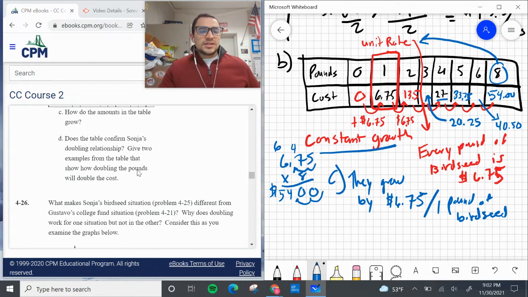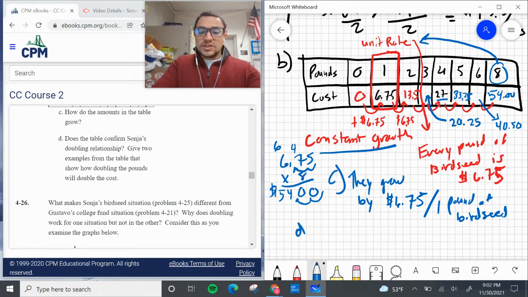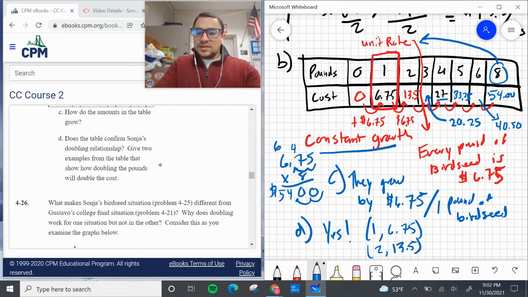And then for D, does the table confirm Sonia's doubling relationship? Give 2 examples from the table that show that. And so you need to know how to do this. So we have an example. So for D, it's going to be yes. For example, 1, 6.75. And then we have 2, 13.50. That is times 2.